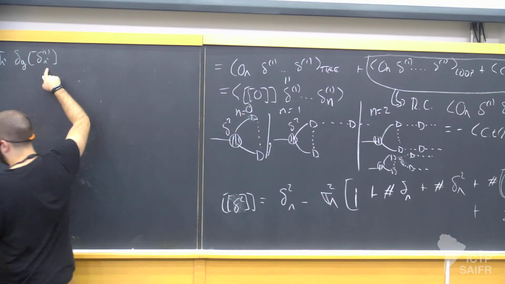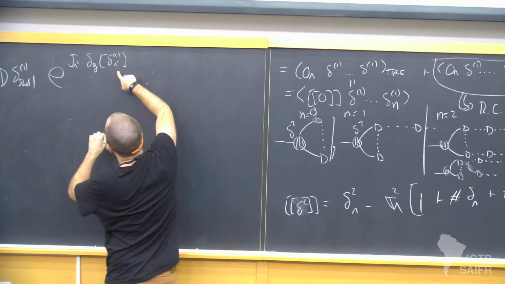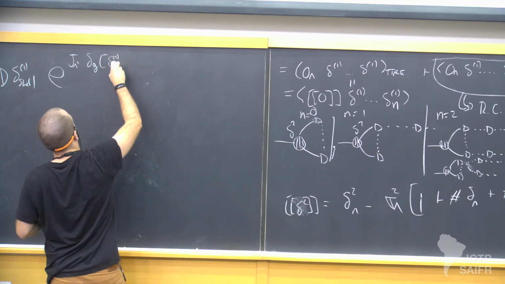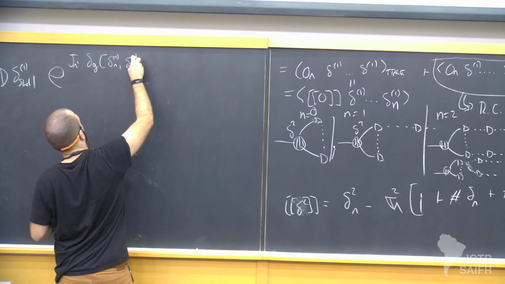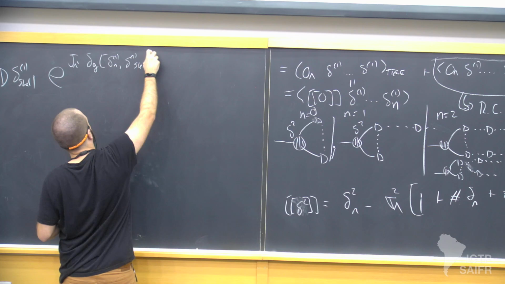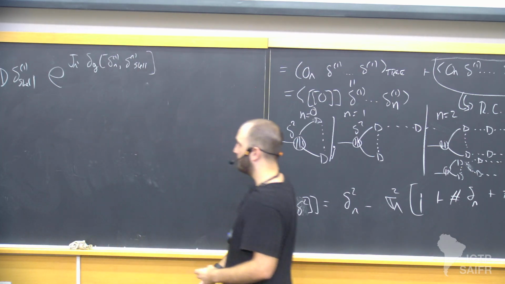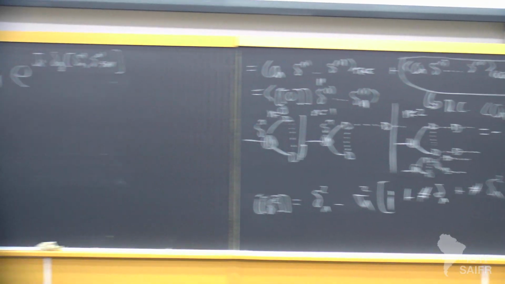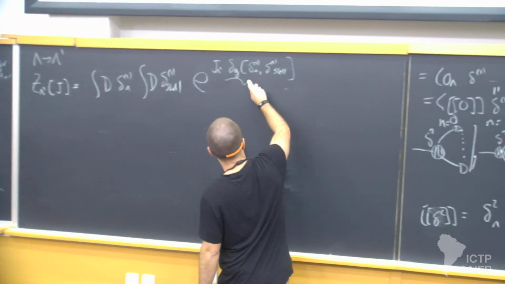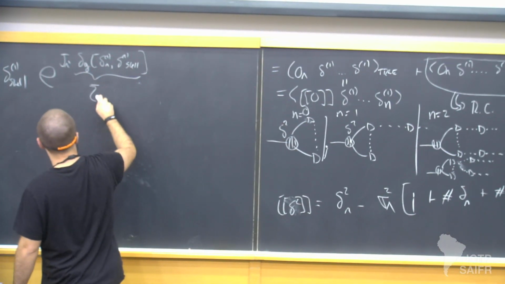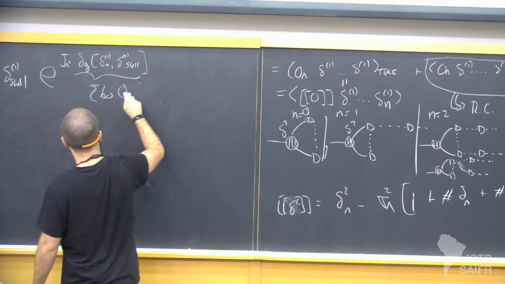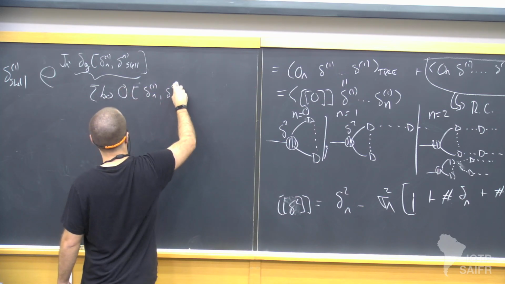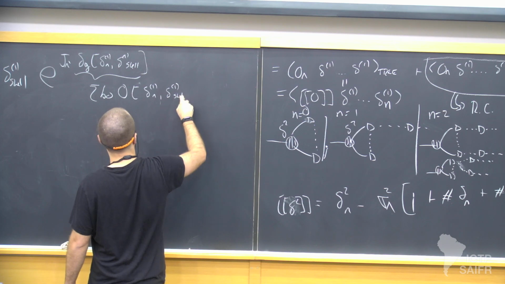So I'm going to write this delta 1 of lambda prime as something like delta 1 of lambda plus delta 1 of shell. So this now is a double dependence, and I'm going to explain what I mean by this. For instance, when I take any operator that lives here, as I said, this is a sum of BO times O of delta 1 of lambda, delta 1 of lambda shell.